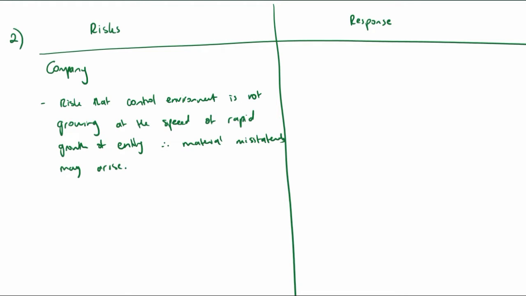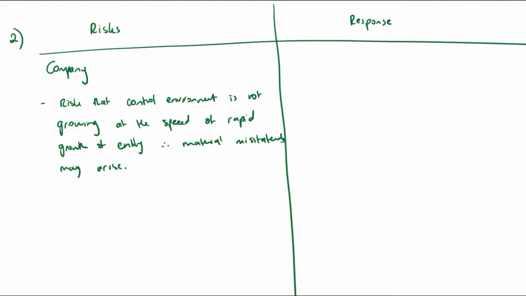And therefore material misstatements may arise. You can structure it however you want, but you want to make a note there that there is a risk of material misstatement because of this factor that I've picked up from the scenario.